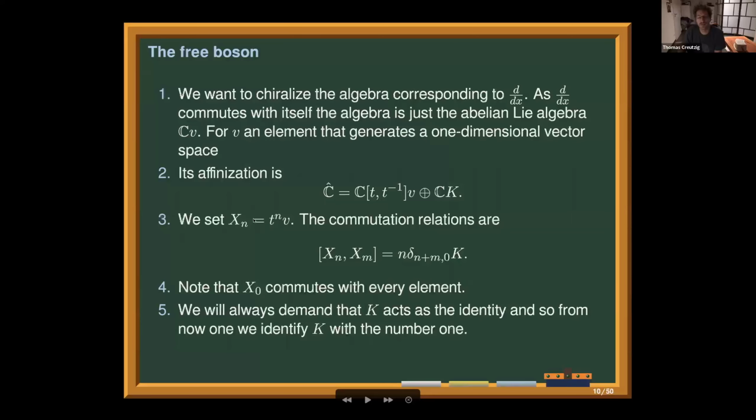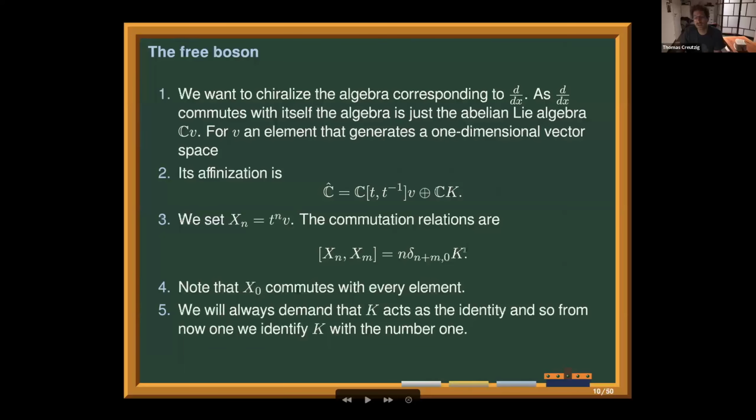And then, because you don't like a clumsy notation, you write x_n for t^n times V. And the commutation relations are these ones. And these commutation relations you hopefully recognize as the commutation relations of the free boson conformal field theory, better, its chiral algebra.